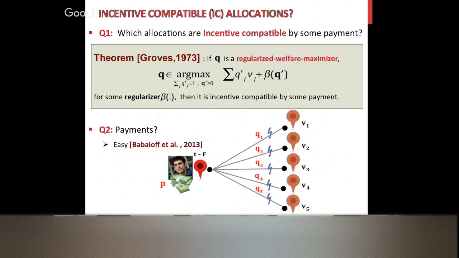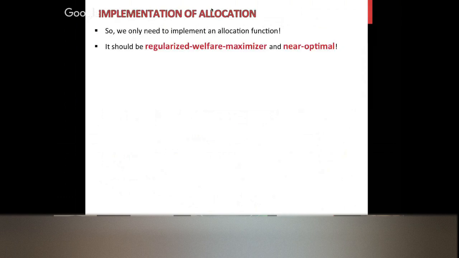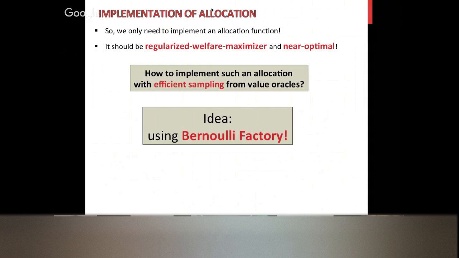But the main question here is the following. Can you implement a regularized welfare maximizer without calculating the expectations, by only sampling? This is the type of thing I'm looking for. Okay, so I'm okay with regularized welfare maximizers and I need near optimality. So here's the problem that I have.